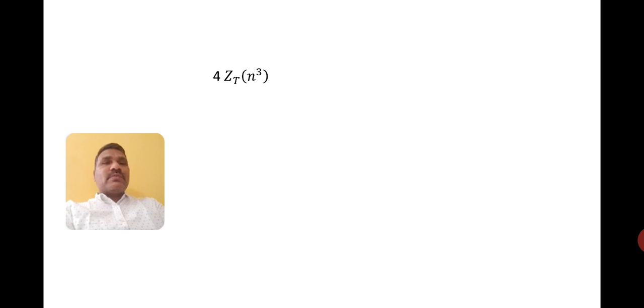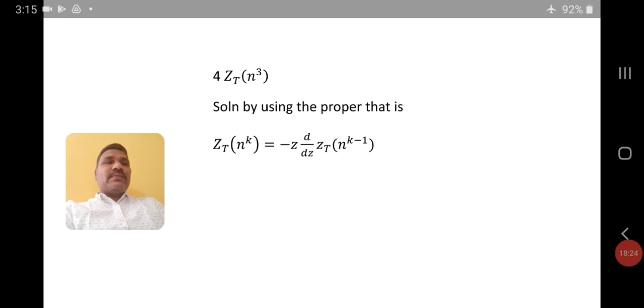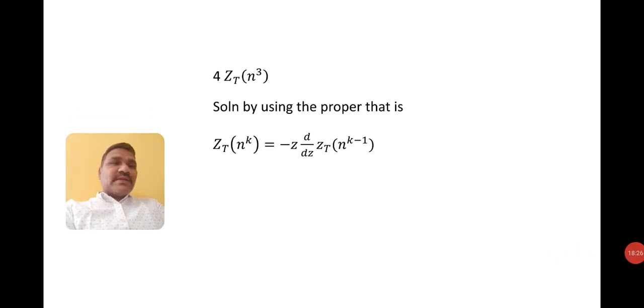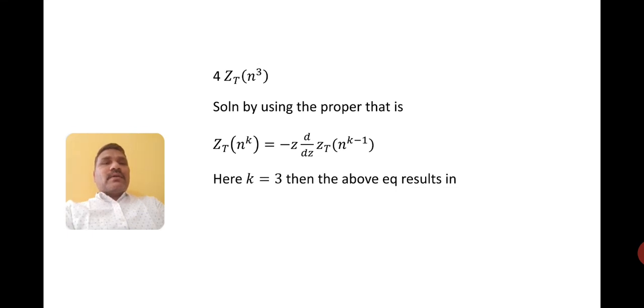Now the Z transform of n cube. Once again I am doing the same procedure, using the same property. Now k is equal to 3 in this formula.